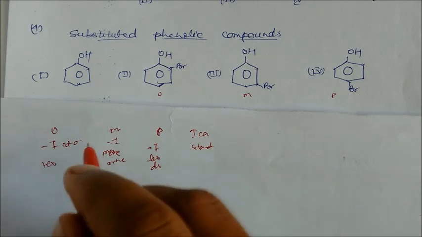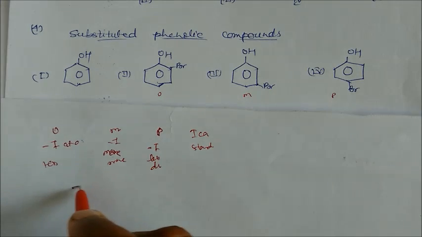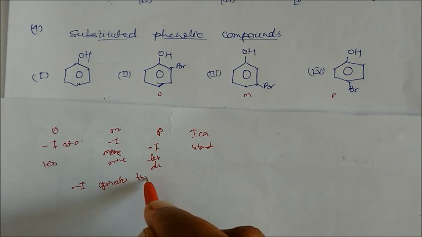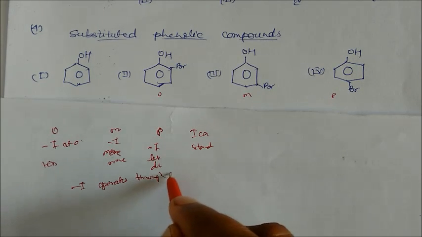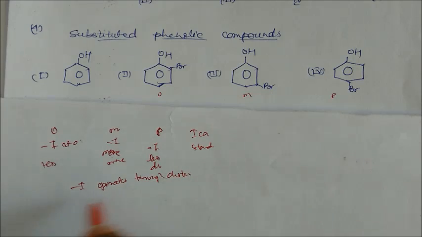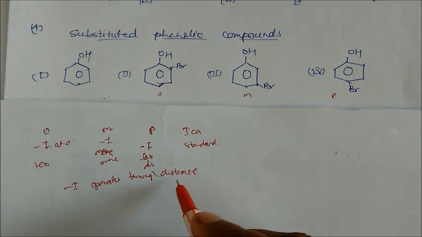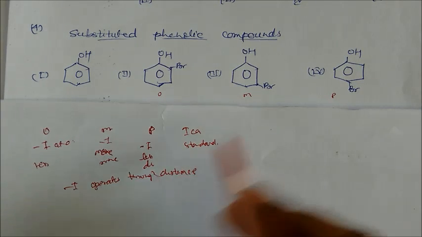So in this case what happens, minus I operates through distance. If there is more distance, there will be less distance effect, so less I. So here minus I operates through distance, so more distance means less effect.